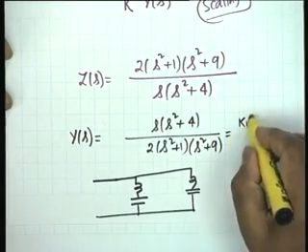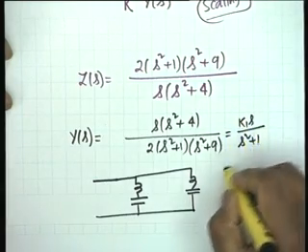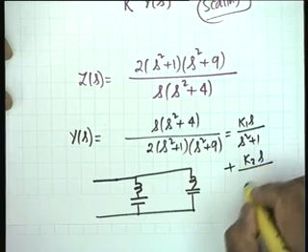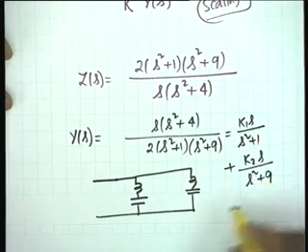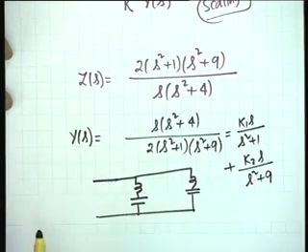The partial fraction expansion of this would be k1s divided by s square plus 1 plus k2s divided by s square plus 9, and each of them will give you a series LC circuit, and therefore there are 2 LC circuits in parallel. Is that clear? No single inductor, no single capacitor.